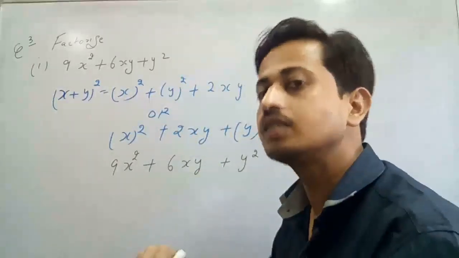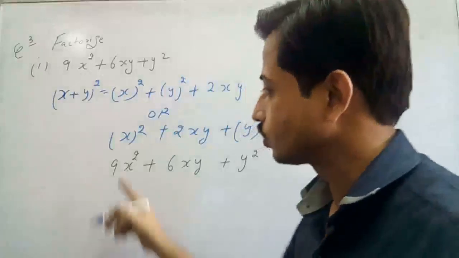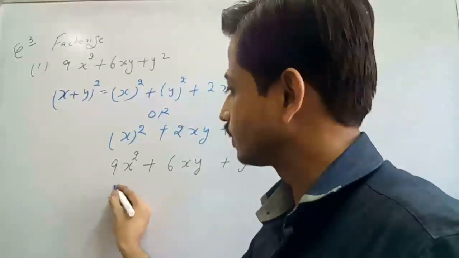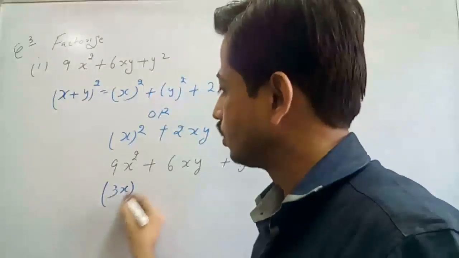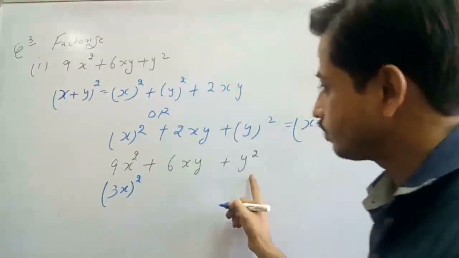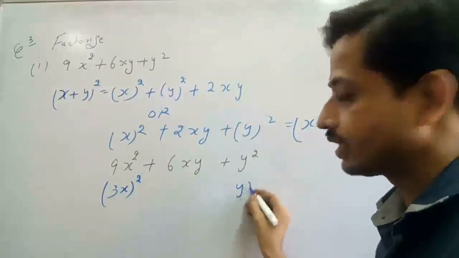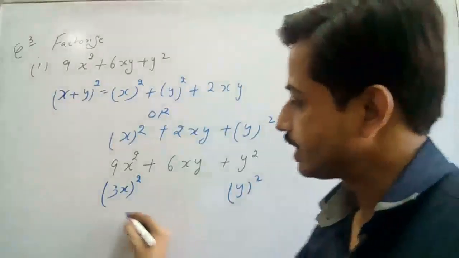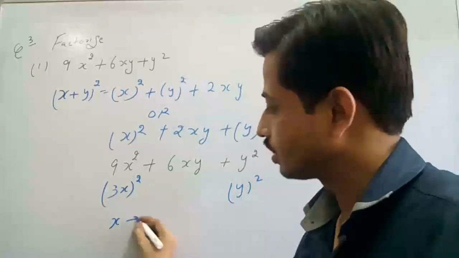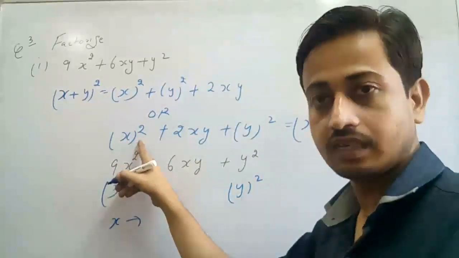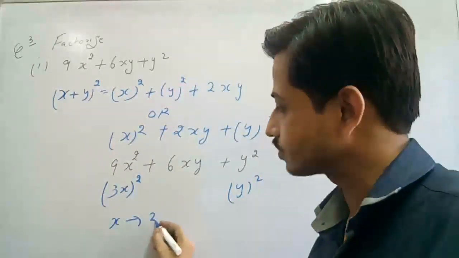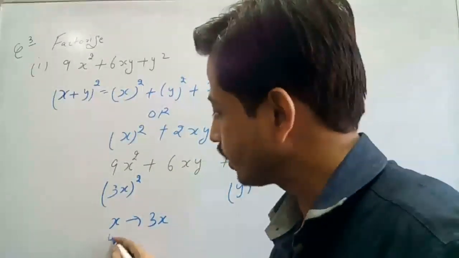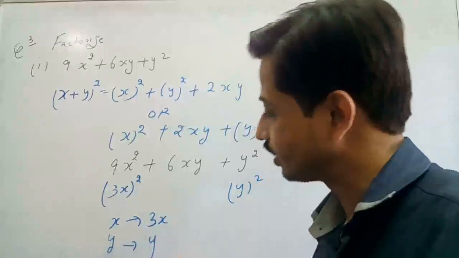So we have to change it to a whole square. 9 can be written as 3 into 3, so this can be written as 3x whole square. Same, this is y, this is y. It is already in the format. Now what's the difference? x is replaced by 3x, and y is the same. So you have to write y as it is.